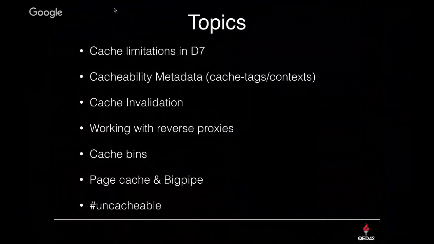We'll also see how Drupal 8 internally invalidates cache automatically. We'll also see how to make reverse proxies work with Drupal 8 correctly. Towards the end, we'll talk more around the caching architecture in Drupal 8 that helped bring in modules like Bigpipe in core.